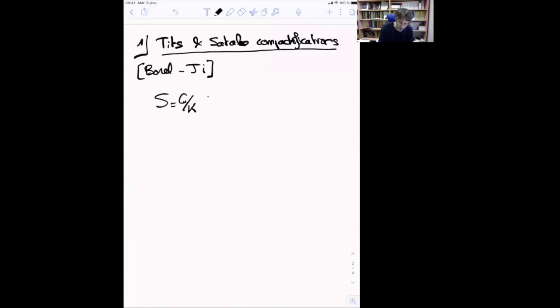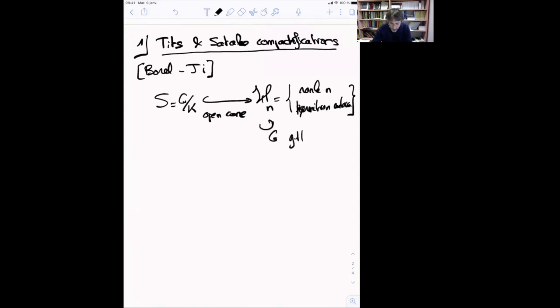And so it's natural to embed it as an open cone in the space, let's denote it by H_n, of rank n Hermitian matrices. And again, here we have a natural G action, to be coherent with my lecture of yesterday and also Louis' lecture yesterday.